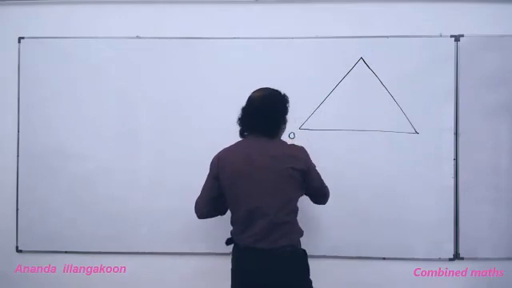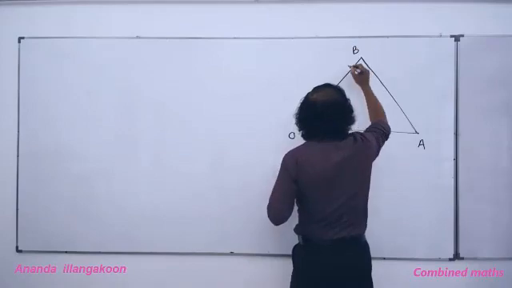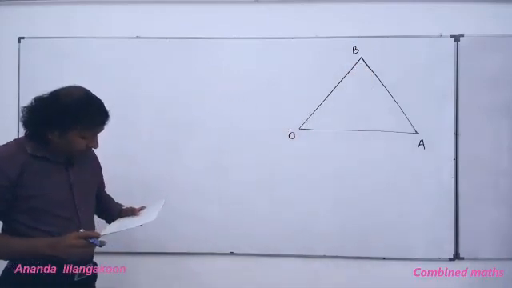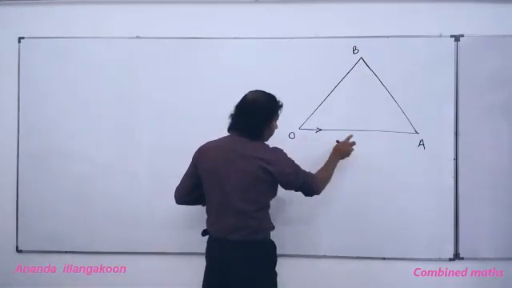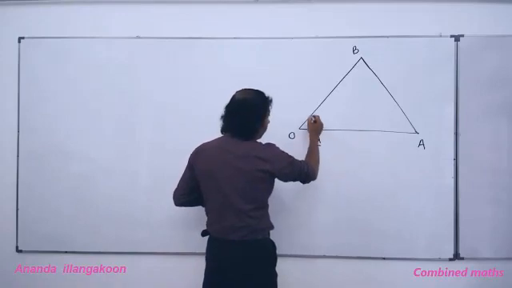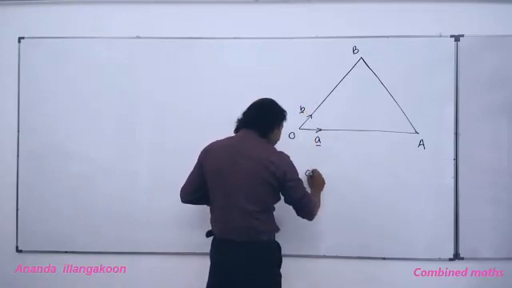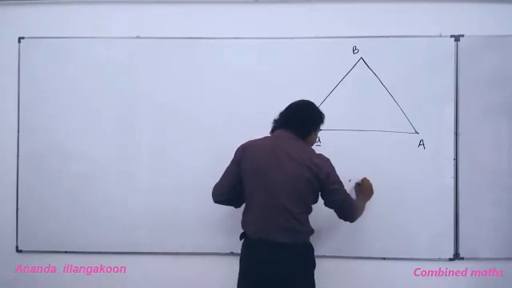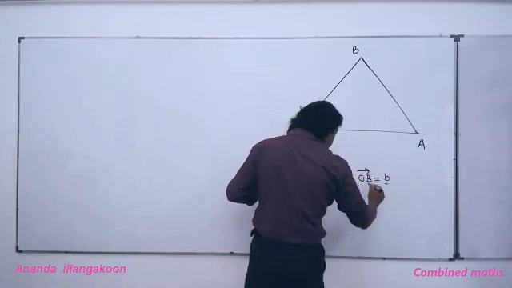O, here A, here B. OA vector is a, this is vector a. OB vector is given as vector b.